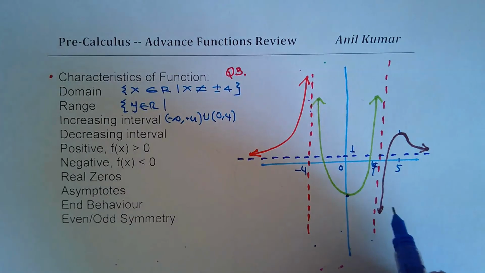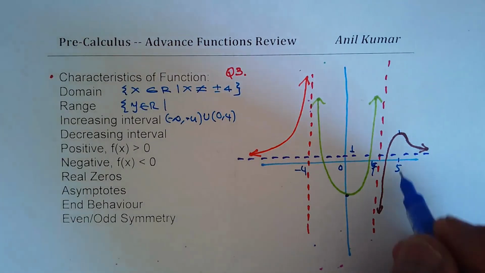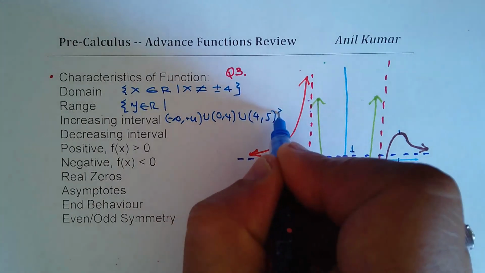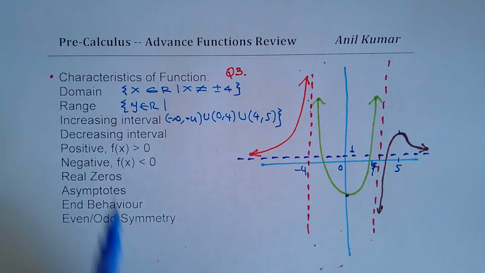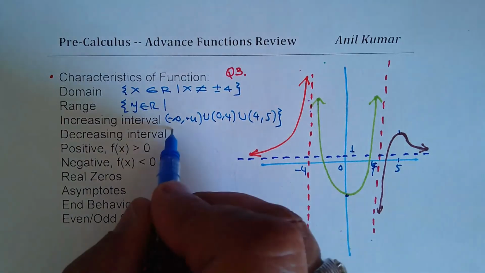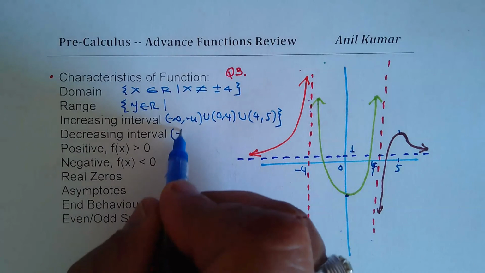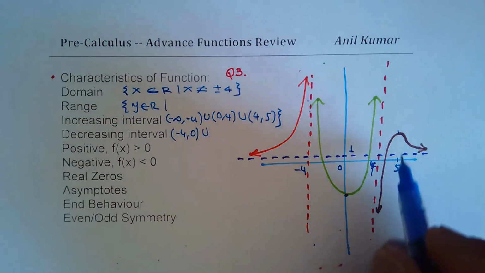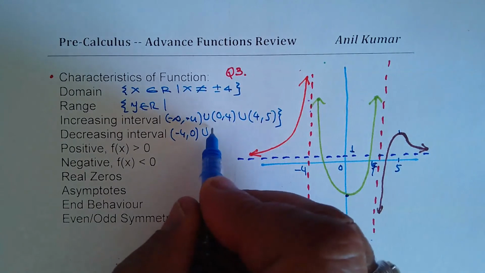And then again it increases from 4 to 5. So it increases from 4 to 5. Decreasing intervals. It only decreases between these two, which is from -4 to 0 union after 5 to infinity.